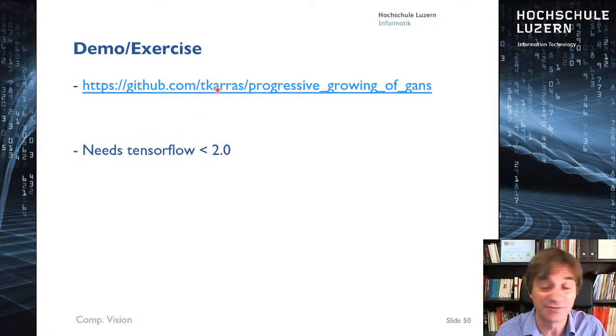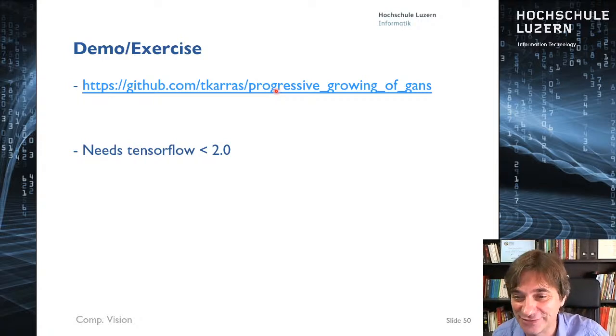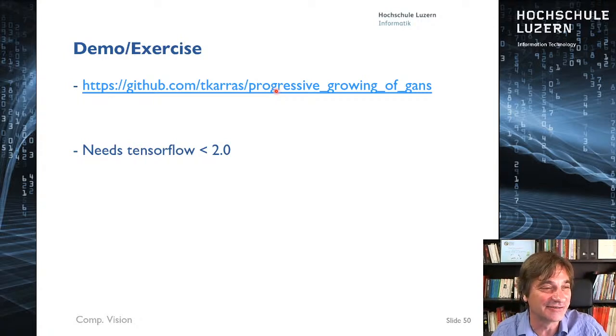You find the information, the Jupyter notebook, on Moodle, and it just puts in the different commands to make the model available from this site on GitHub of progressive growing GANs. So maybe you have more luck with trying it out. I will try to get it running again until next time.